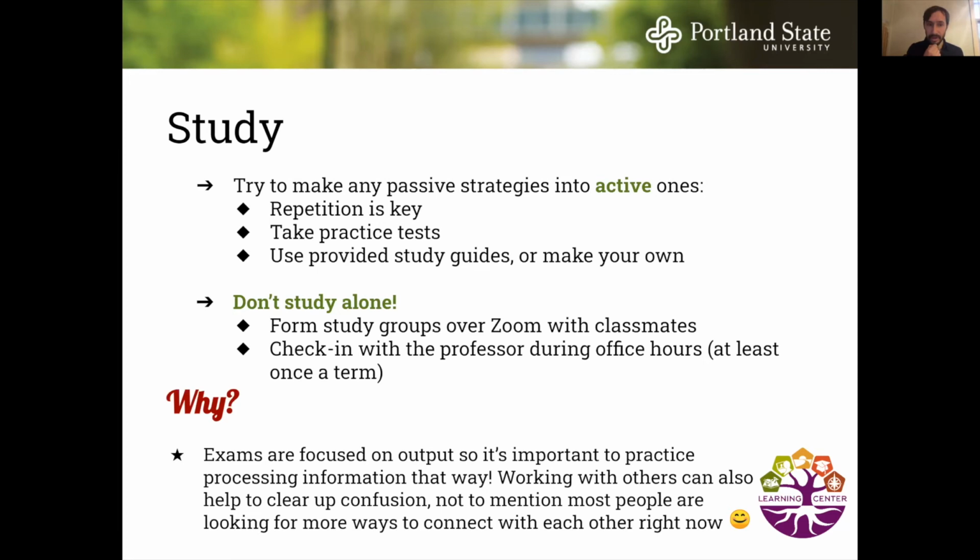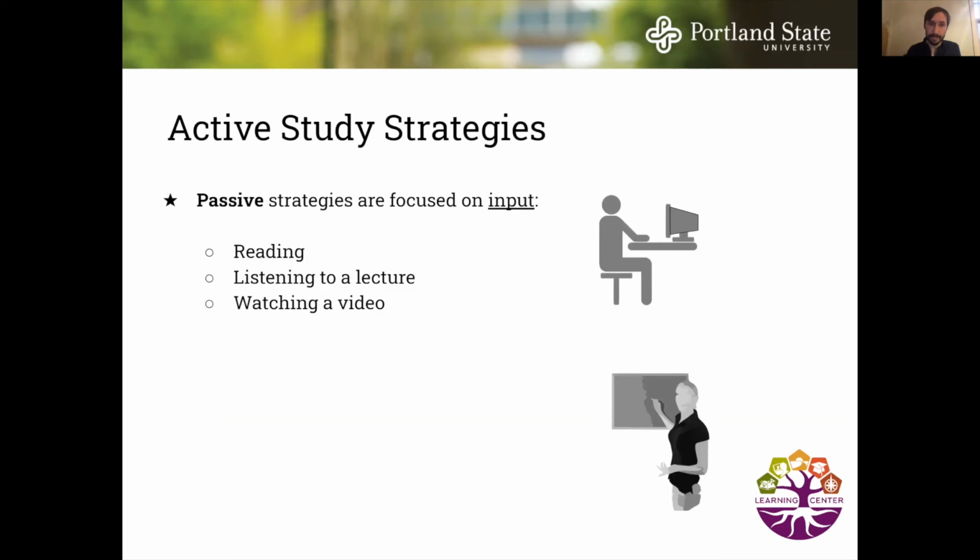Right. So this is just saying that exams are focused on output. It's what's coming out of you. If you are making your studying more active, then you're not just taking in information, you're also putting out information, which is ultimately what you'll be doing on the test too. And here are a few ideas for active study strategies.